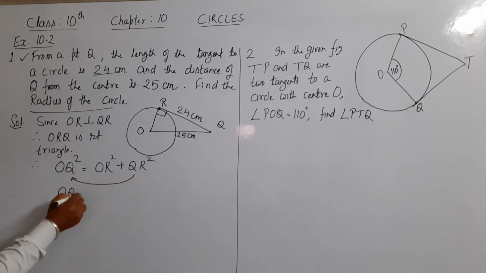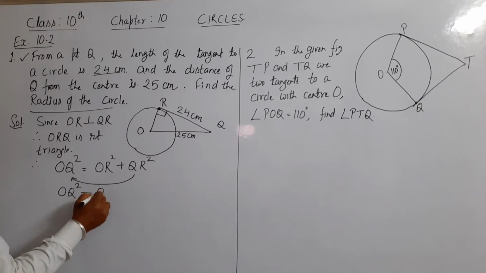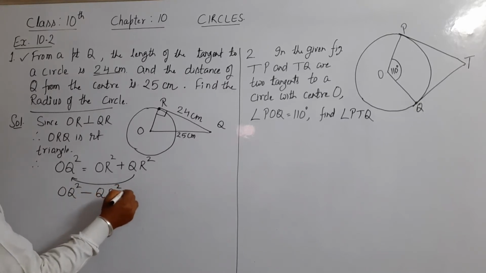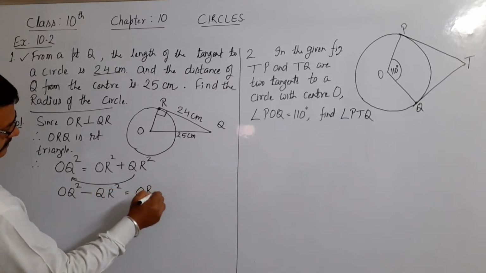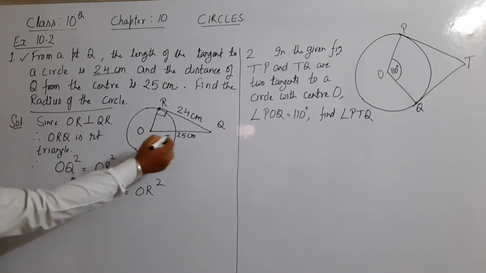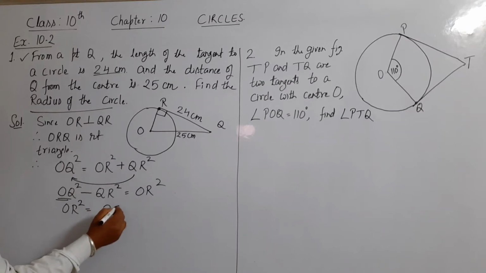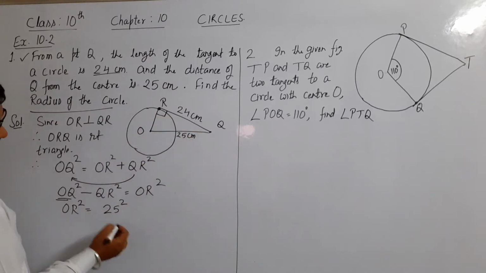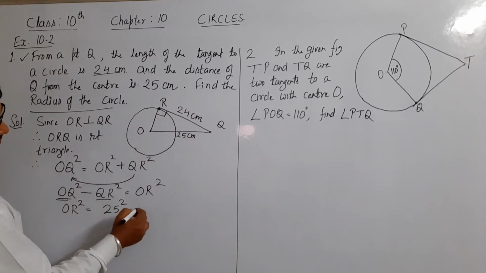OQ square minus QR square is equal to OR square. So OR square is equal to OQ square, 25 square, minus QR square.